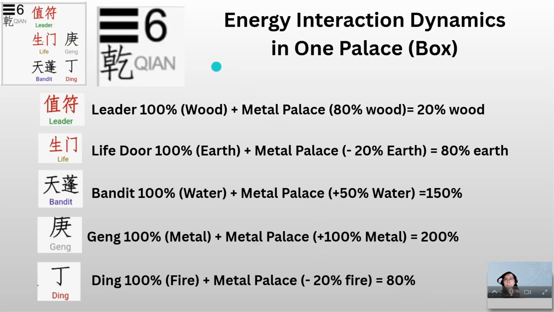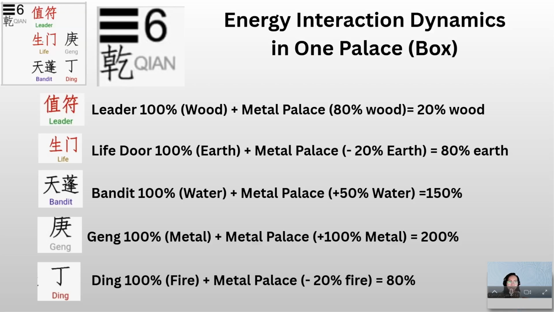Now we are using the same chart, but we extract out box number six again, where we looked at the Life Door just now. Now we are going to look at the overall picture. We had a taste of the appetizer just now, so now we want to know the main course. We have to look at the complete picture of one palace.